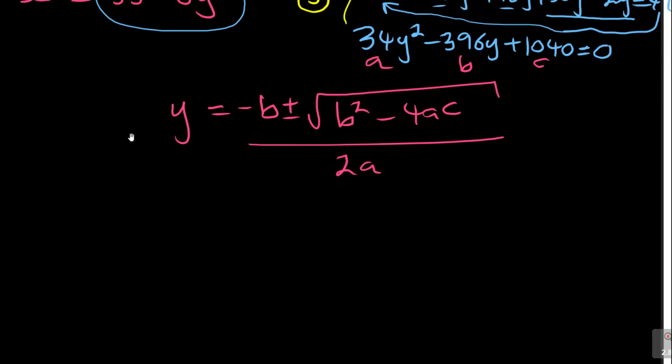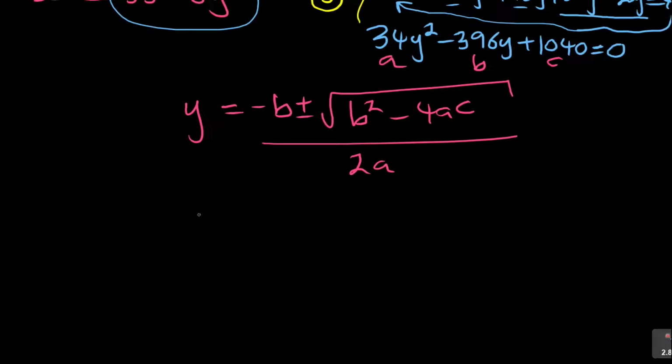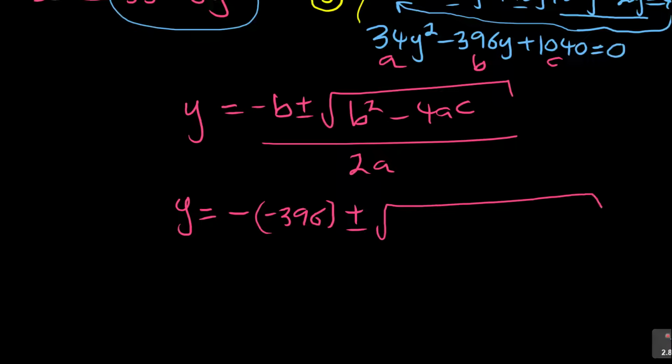So what do I have here? I will have y is equal to minus, and then the b is also negative there, negative 396. Always put it in brackets, plus or minus square root of negative 396 squared minus 4. My a is 34, and then my c is 1040.